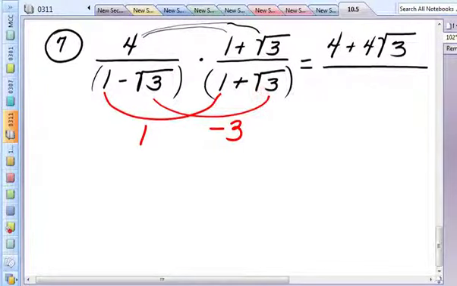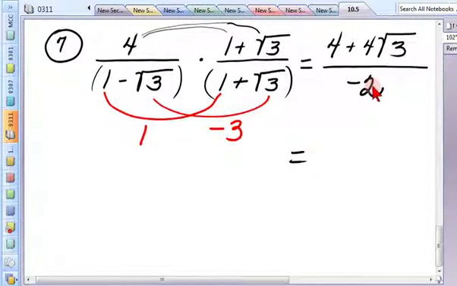So what is my denominator? It's 1 minus 3, which is negative 2. We rationalize the denominator by multiplying by the number 1 in the form of conjugate over conjugate of the denominator. Now, can you reduce?